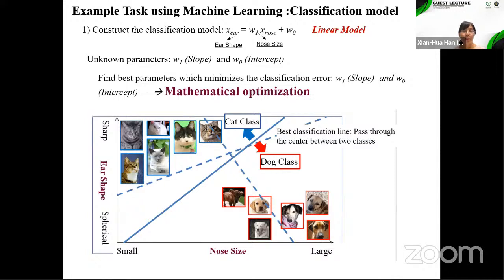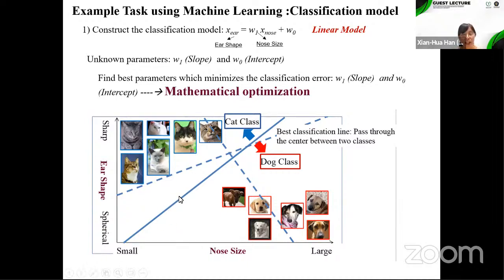So using these training samples, we want to find one optimal unknown parameter set, W1 and W0. Then using this W1 and W0, we can very well approximate the linear transformation equation, the linear model.